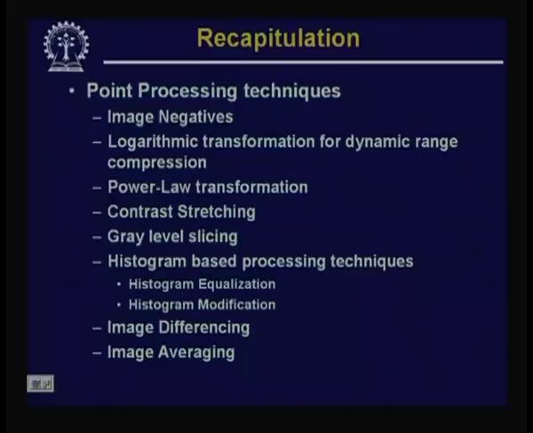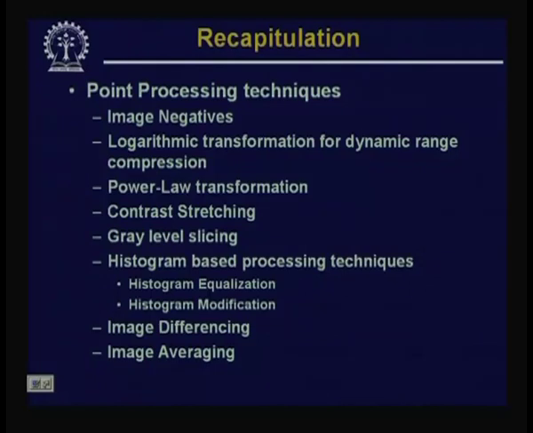And under this category, we have talked about two kinds of histogram based processing techniques. One of them was the histogram equalization technique, and the second one was the histogram modification technique. Then we have talked about two other kinds of image enhancement operations, where these operations do not perform on a single image, but on multiple images.